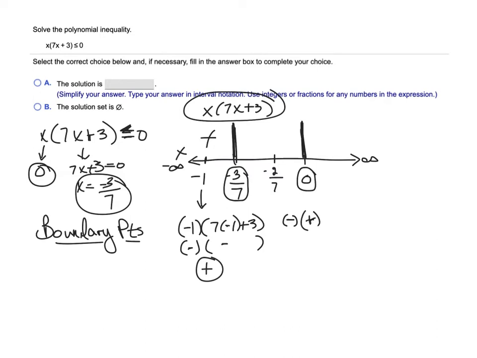So I have a negative number times a positive, which ends up giving me a negative. And then finally, pick something greater than 0. I'll pick +1. If I plug 1 in, I get 1, which is positive. 7 times 1 is 7 plus 3 is positive. 2 positives multiply together and give you a positive.